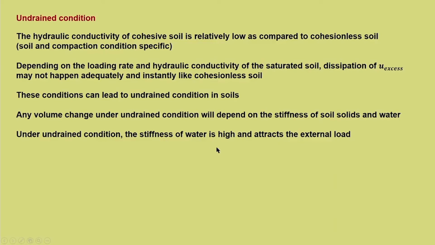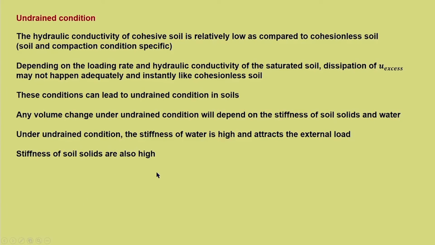Okay. So, under undrained condition, the stiffness of water is high and it attracts the external load. Since it is undrained, it is not able to move out. So, naturally the stiffness of the water will be high and it has the tendency to attract all the load to itself. At the same time, stiffness of soil solids are also high.